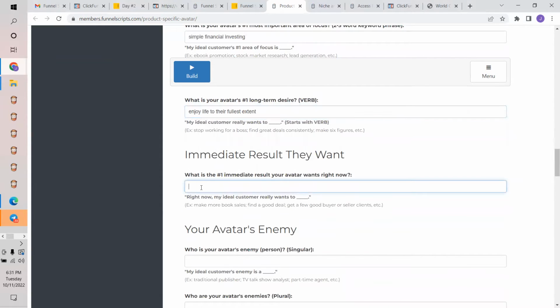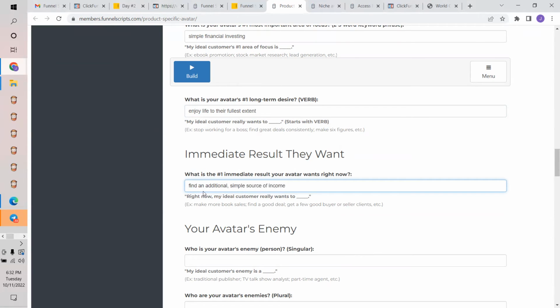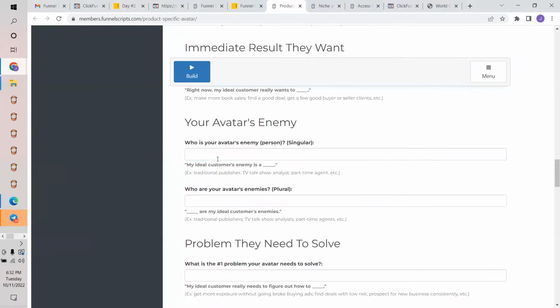Immediate result they want: right now, my ideal customer really wants to find an additional simple source of income.